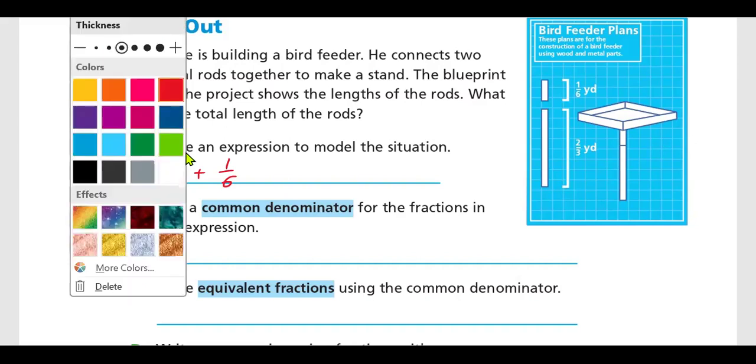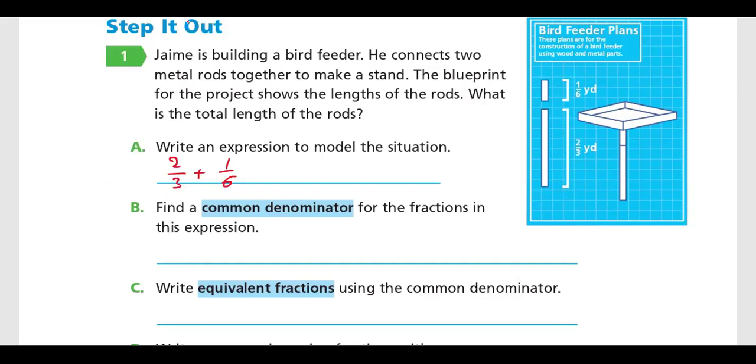We write the table of 3 and the table of 6. Table 3 will be 3, 6, 9, 12, and so on. Table 6 will be 6, 12, 18, and so on. So the first common multiple between them is 6.